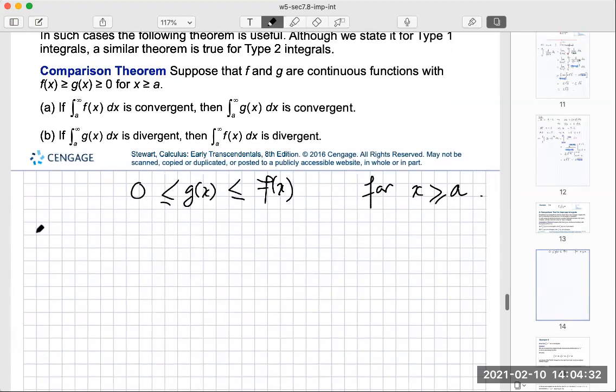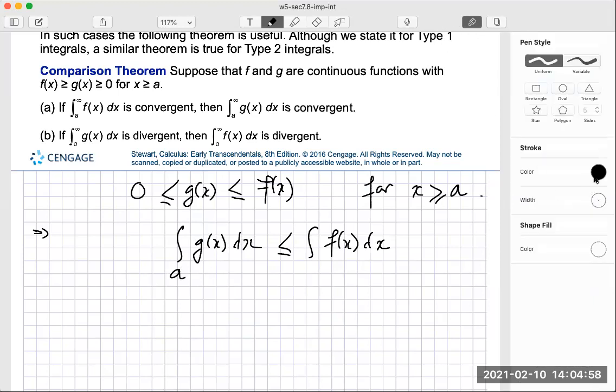Or go back to Calc 1, when these two functions, we have the property that the integral of g of x dx is smaller than the integral of f of x dx from a to t, for example.